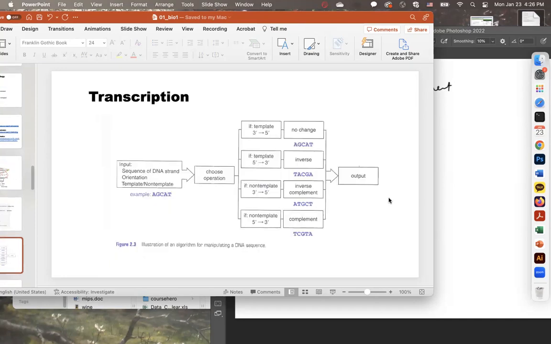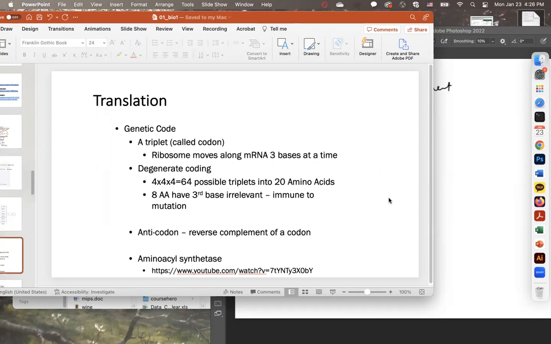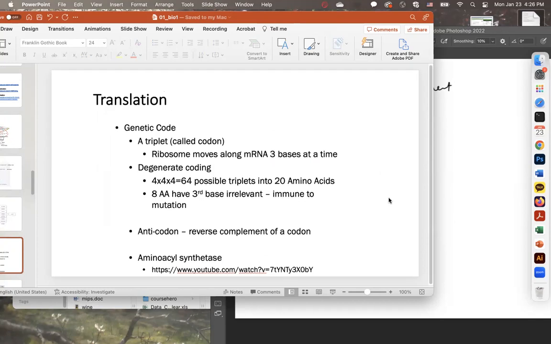But once you have a messenger RNA, which is a copy of the gene sequence, then how do you create proteins or amino acids? It turns out there is a particular coding map between the nucleotide bases and amino acids.